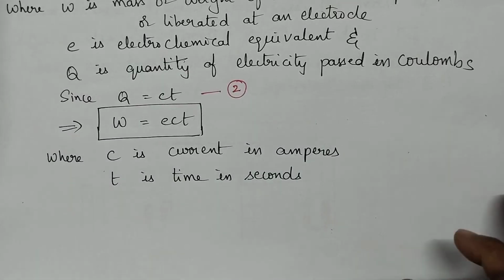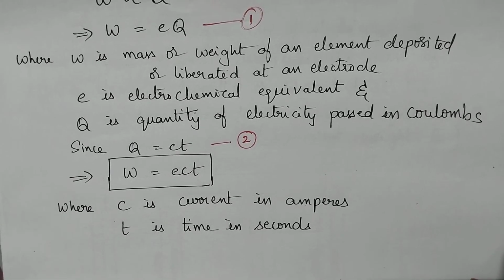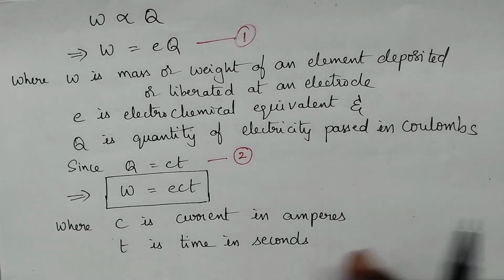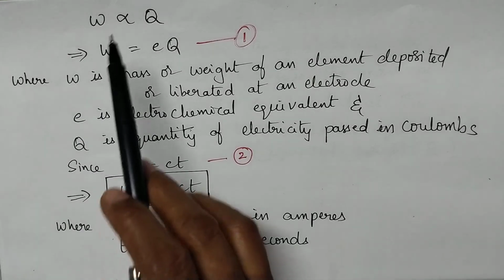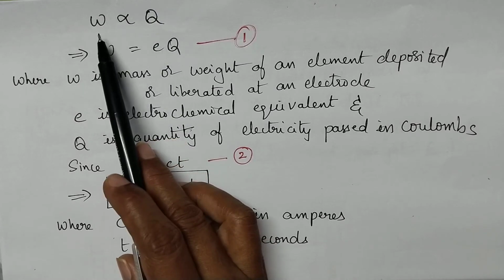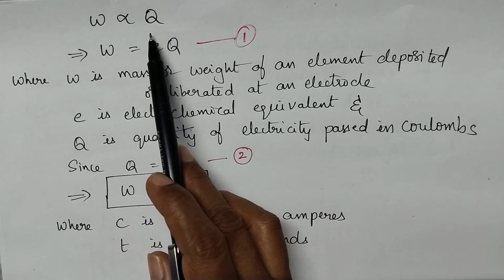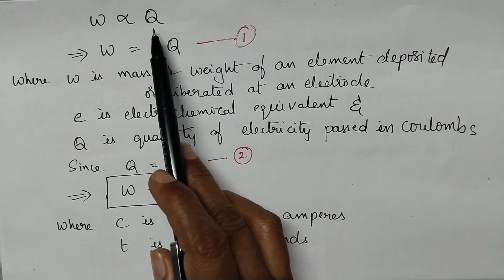Let us see the mathematical expression of Faraday's first law. Mathematically, Faraday's first law can be expressed as W is directly proportional to Q. W means the mass or weight of the element deposited at an electrode, and Q is the quantity of electricity passed, and always the quantity of electricity should be expressed in coulombs.